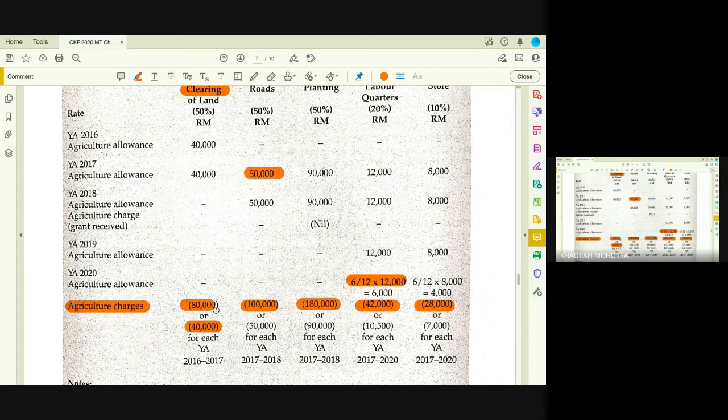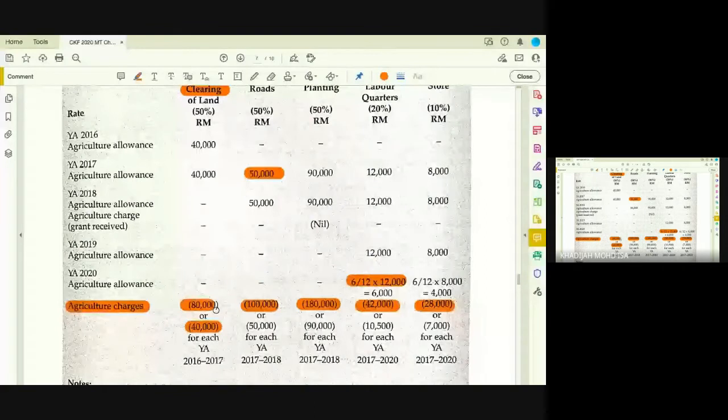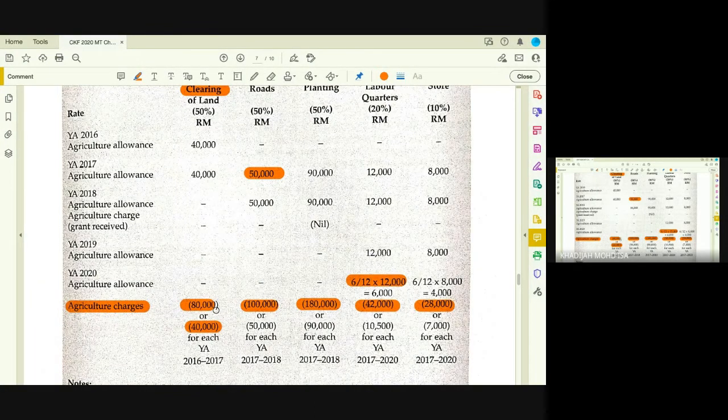You also have an agricultural allowance of 40,000. So plus minus, they set off each other, which means that for that year, you don't have any allowance for your clearing of land. For 2017, similarly, you have a balancing charge of 40,000 and an agricultural allowance of 40,000. So it's set off, which means that for that YA 2017, there's no allowance given on that agriculture business.